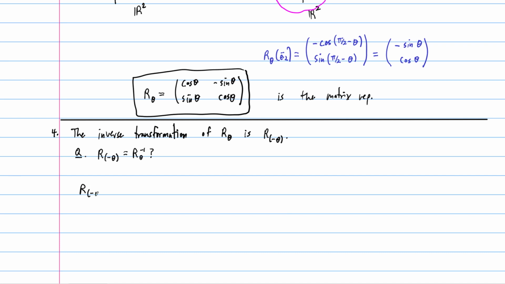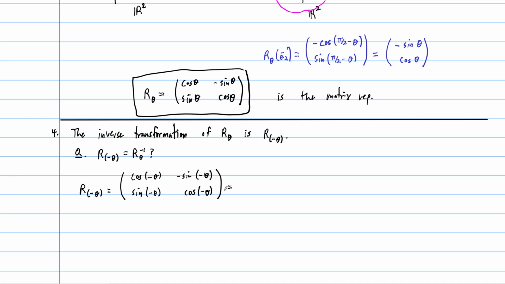So R sub minus theta, this is going to be the matrix, right? If we compare with the general formula for a rotation matrix, it's going to be the matrix where theta is replaced by minus theta. So this will be cosine of minus theta, sine of minus theta in the first column, minus sine of minus theta, and cosine of minus theta in the second column.